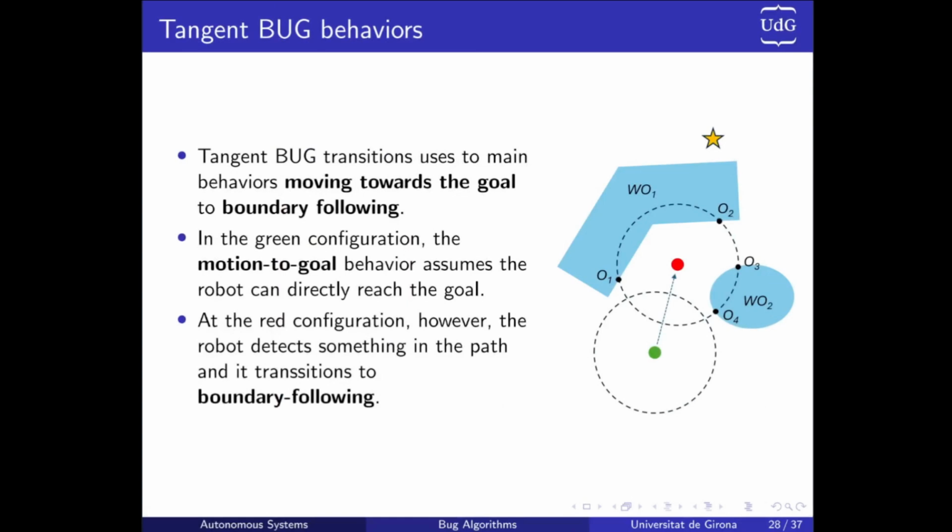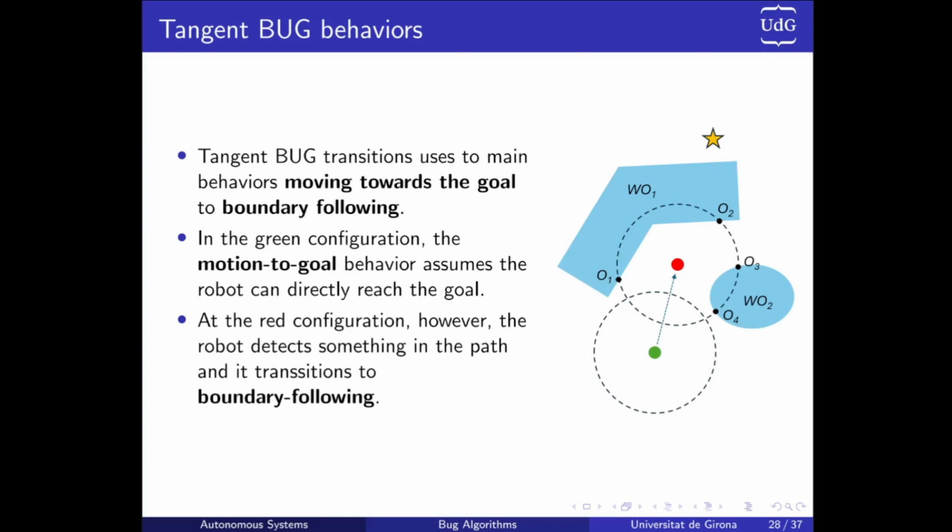This is why it's still called Bug, although it's very different, because it follows the same schema: if we have nothing around us, we just move toward the goal. If we have something in our sensing area or range area, we start following the obstacle in some way.